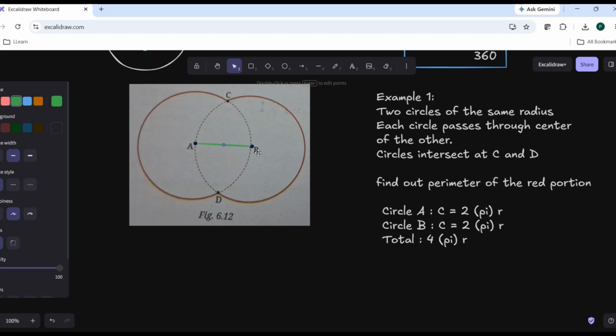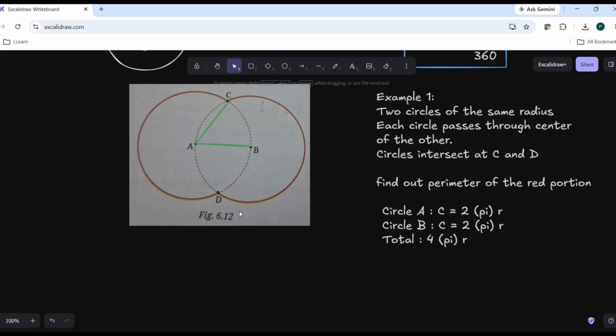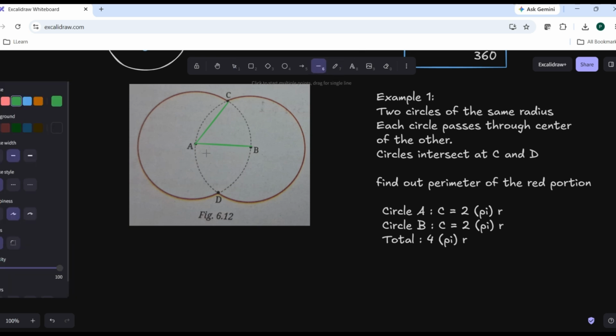Now I join C to A. Now C to A, what is the length? Again, it is the radius of the circle with center A. I'll join A to D. Again, radius of the circle with center A.